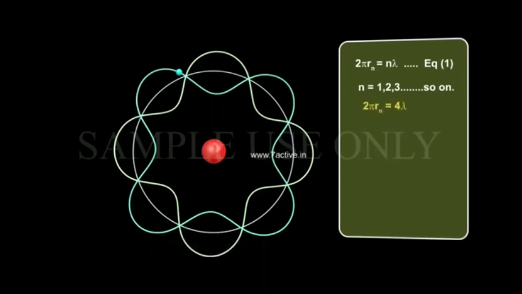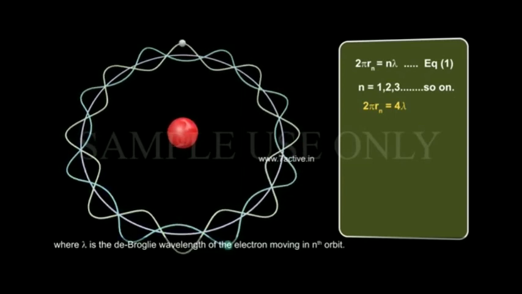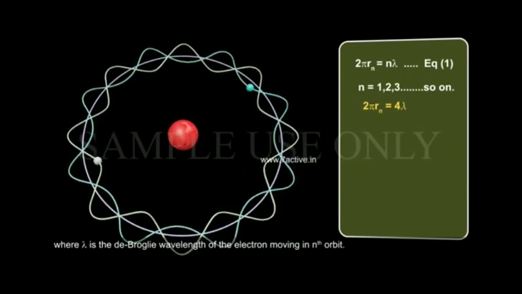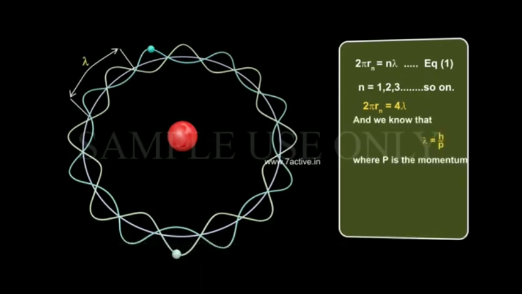That is, 2πRn = 4λ, where λ is the de Broglie wavelength of the electron moving in the nth orbit. And we know that λ = h/p, where p is the momentum.